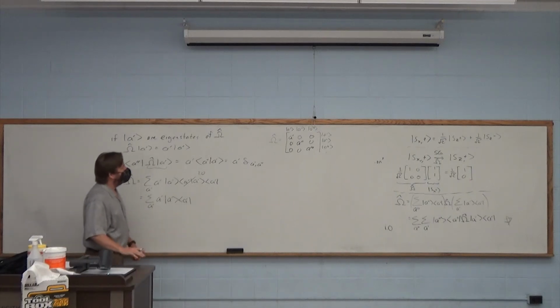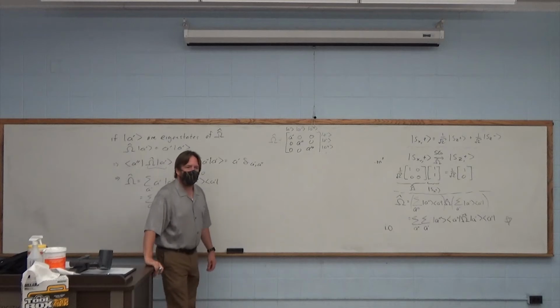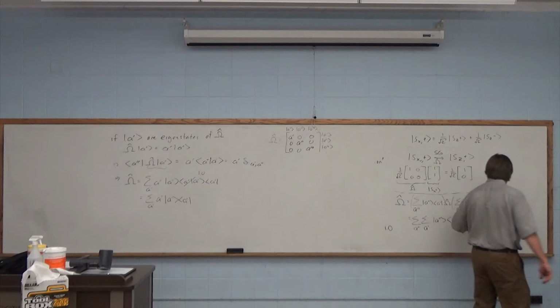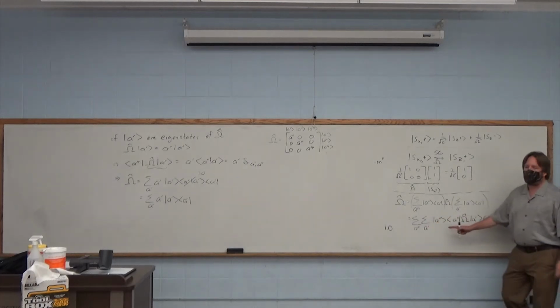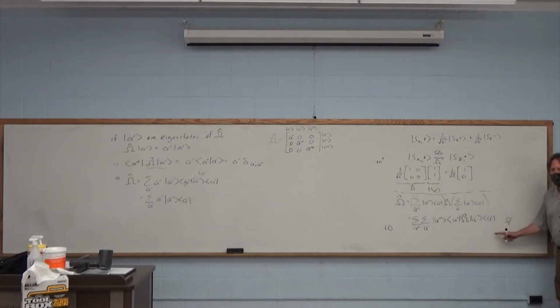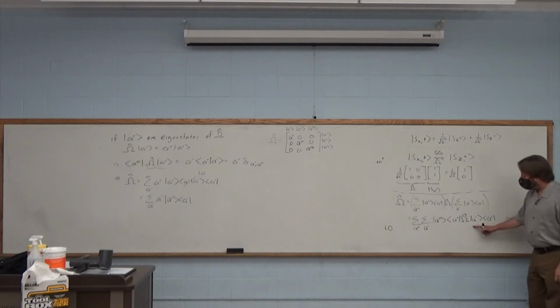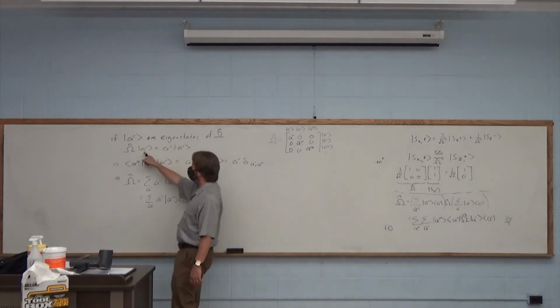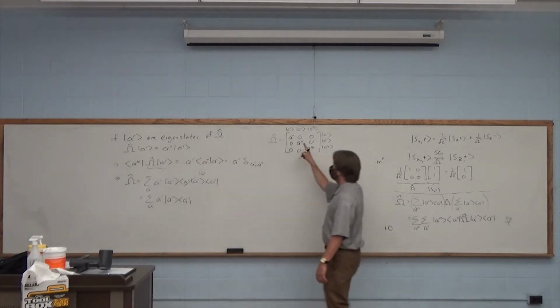Okay. So I can tell you that again. This is about the most important Dirac thing that we have. When you have an operator and you're working in the basis state of that operator, which is a fancy way of saying this, then everything is easy.